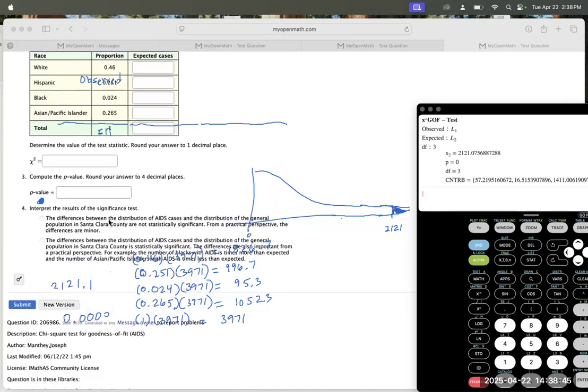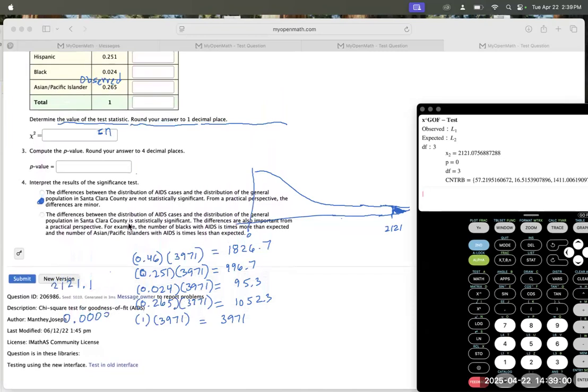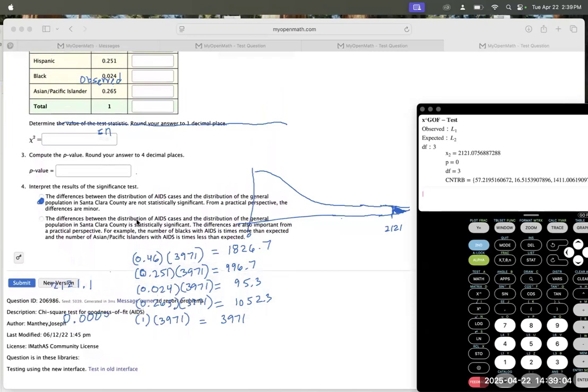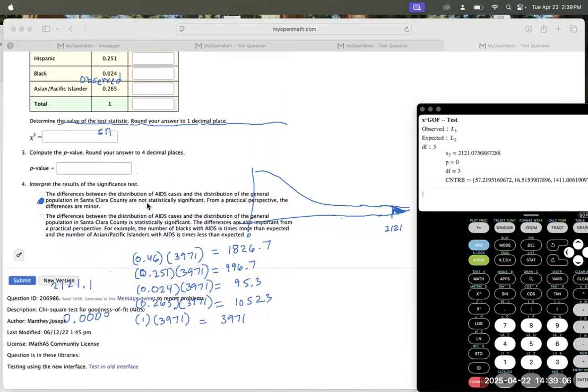Let's read this. The differences between the distribution of AIDS cases and the distribution of the general population is not statistically significant. No, it is. We always say it is statistically significant if we reject the null hypothesis. The differences between the distribution of AIDS cases and the distribution of the population is statistically significant.